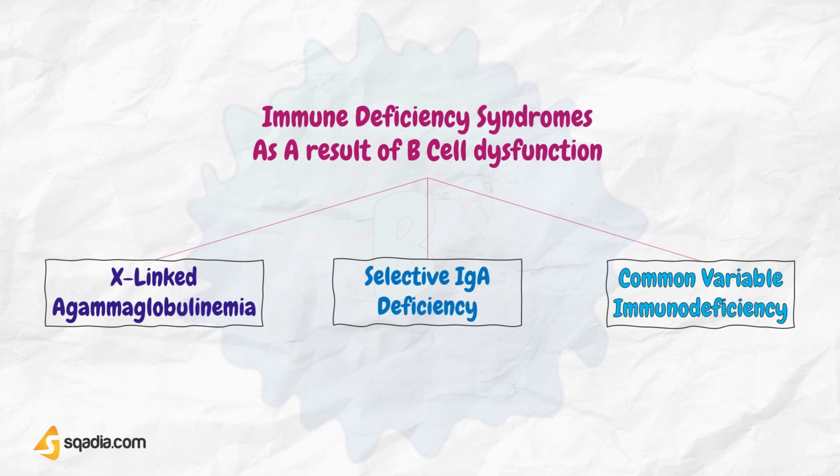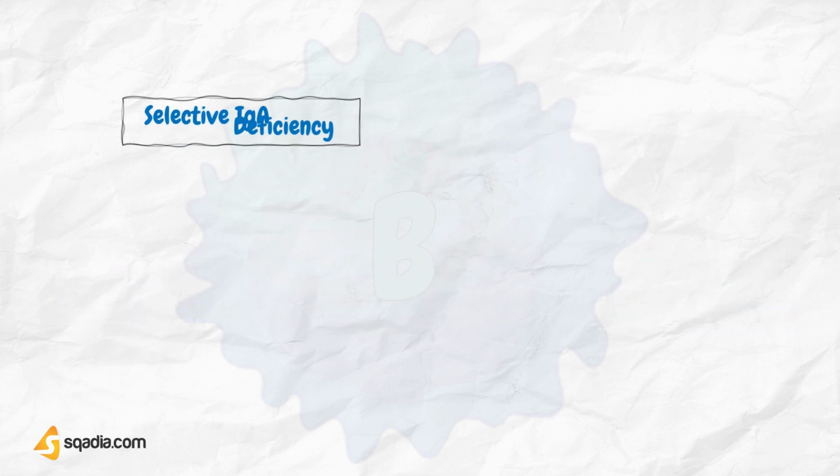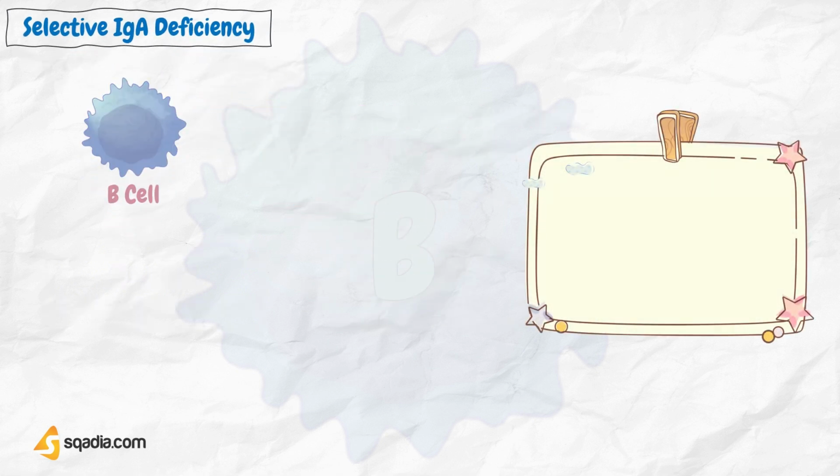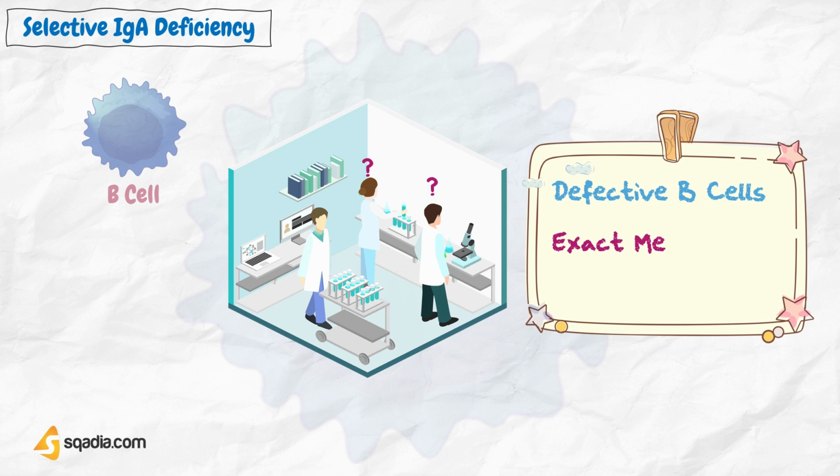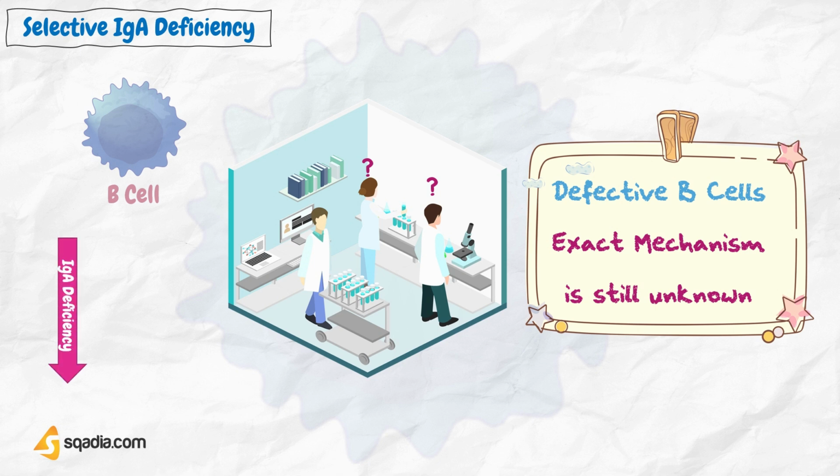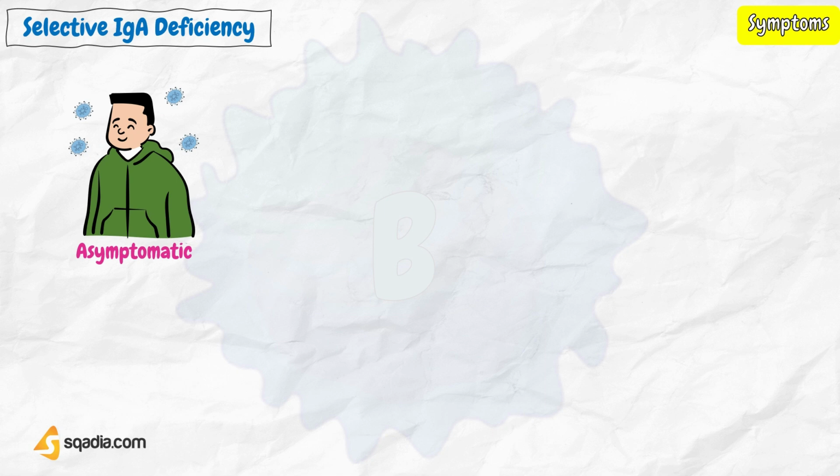The next immune deficiency syndrome is selective IgA deficiency. People with selective IgA deficiency have defective IgA B cells. Now, the exact mechanism is still unknown, but the main problem is that there is a deficiency in the IgA antibodies. Most patients are usually asymptomatic, and they are unaware that they have selective IgA deficiency at all.